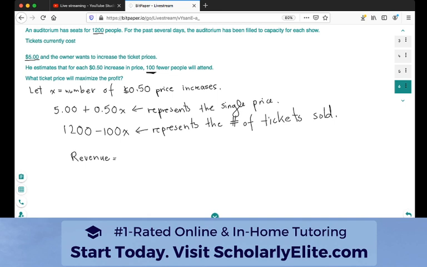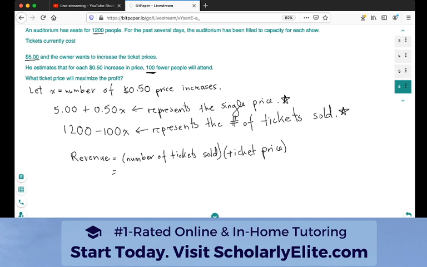The revenue in this case is going to be the number of tickets sold times the ticket price. Lo and behold, we already figured out both of those things as equations, so let's plug those in.